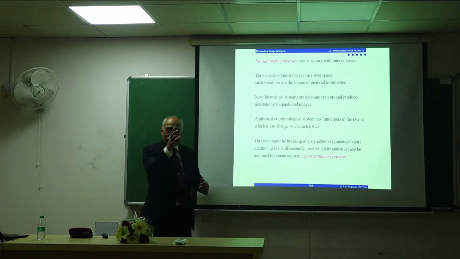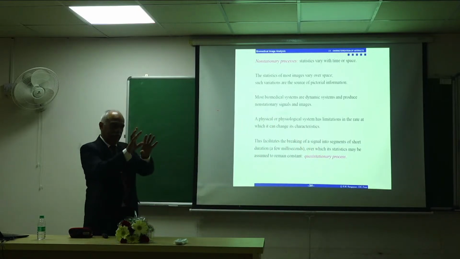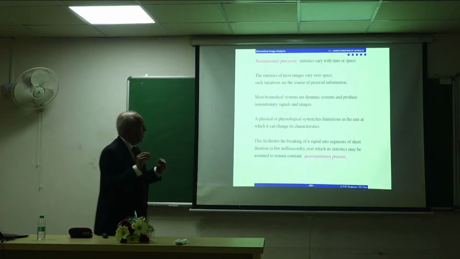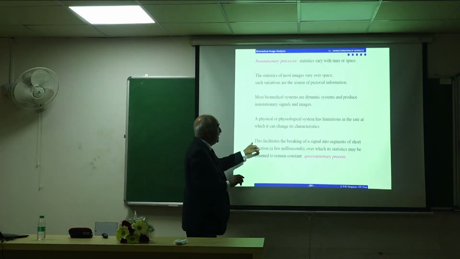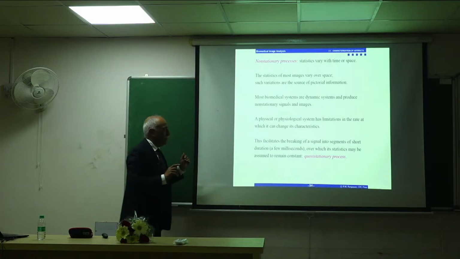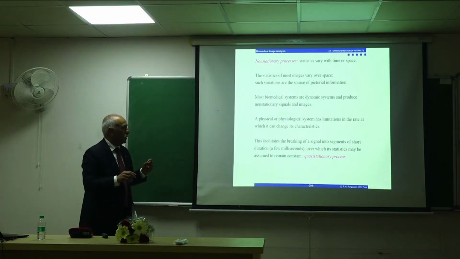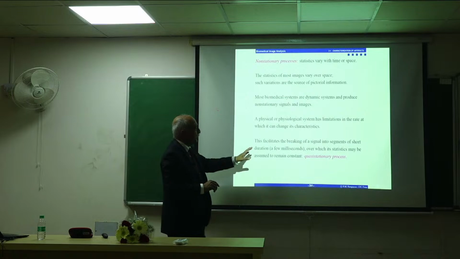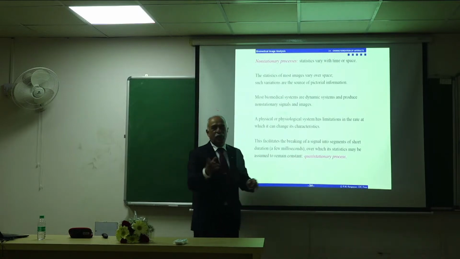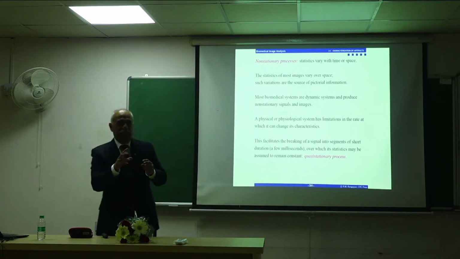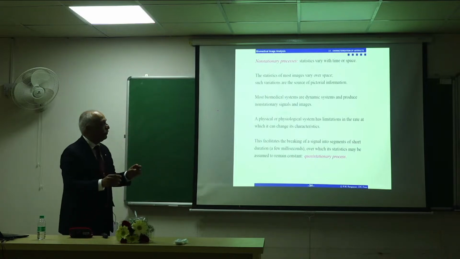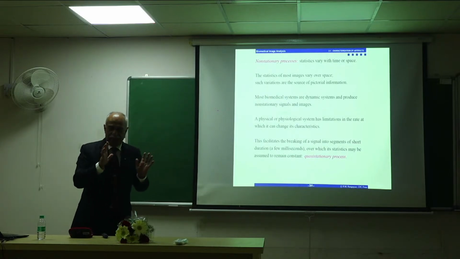So you can break it into parts and say each of these parts is stationary. So this facilitates the breaking of a signal into segments of short duration. And then you assume each of those to be stationary. You call it quasi-stationary, almost stationary. There is variation overall, but within small sections, it is stationary.